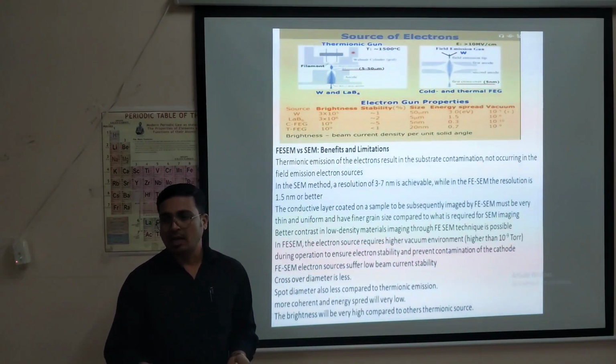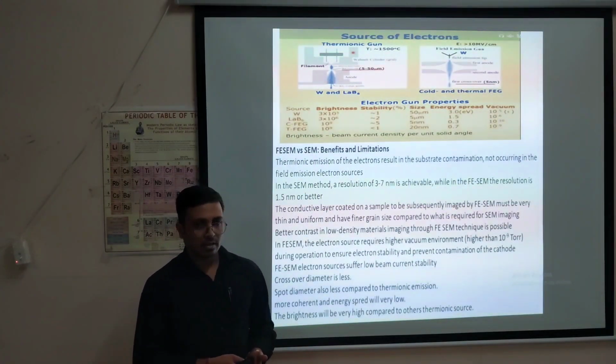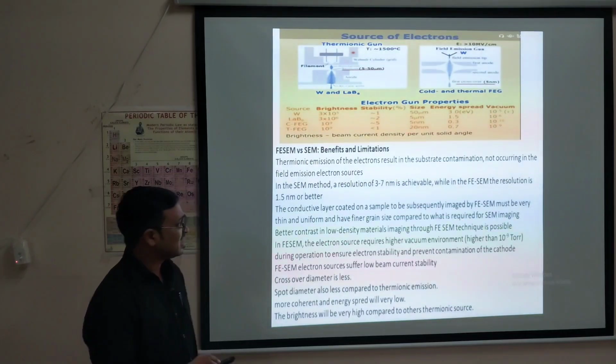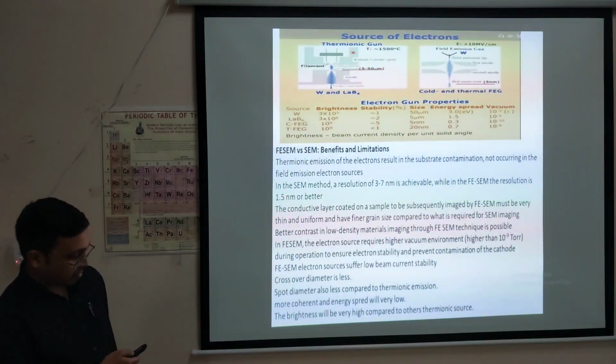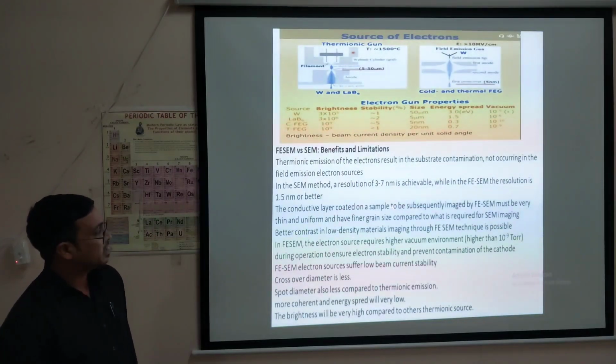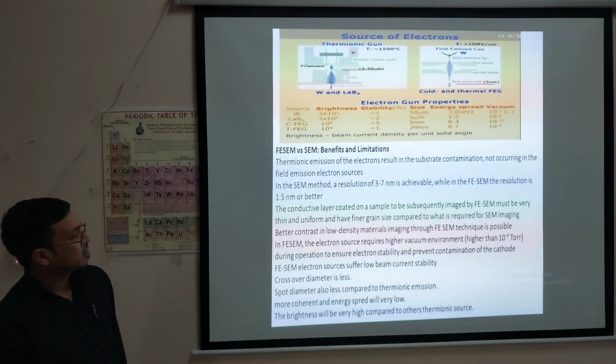You can put it on the aluminum wafer also and have an analysis. Do you follow? So better resolution you can have in FECM.